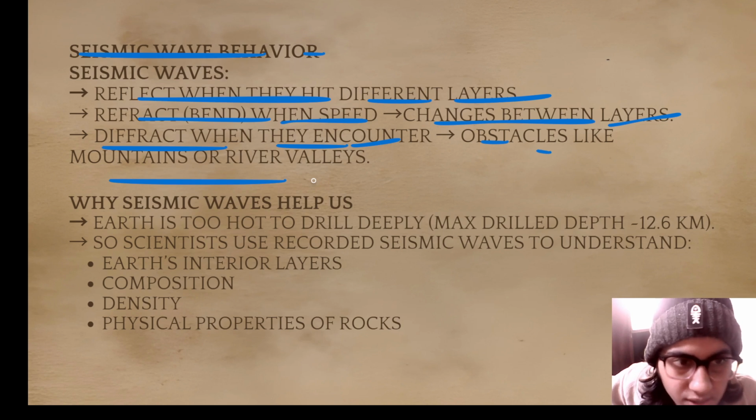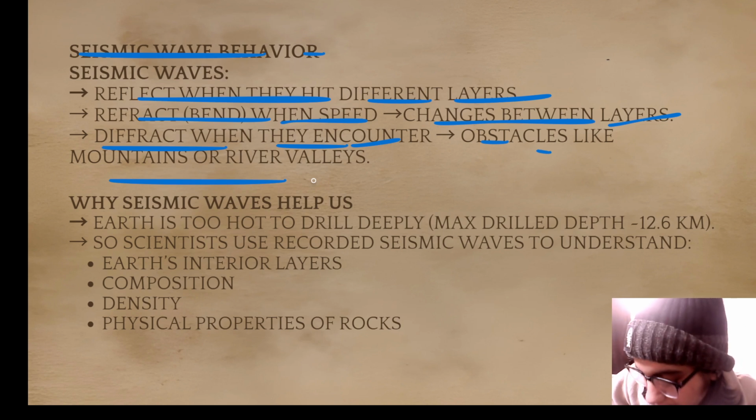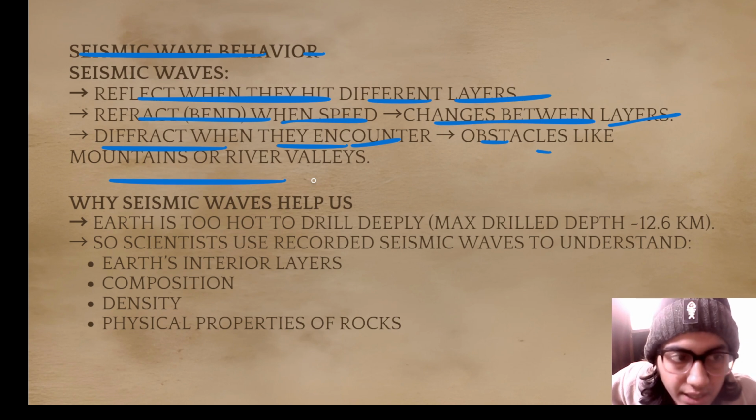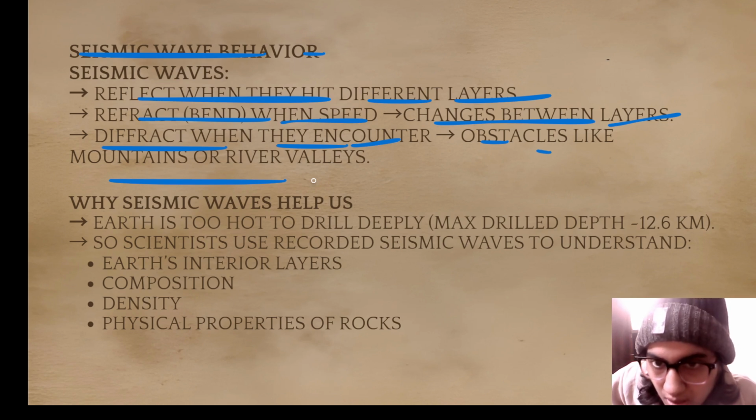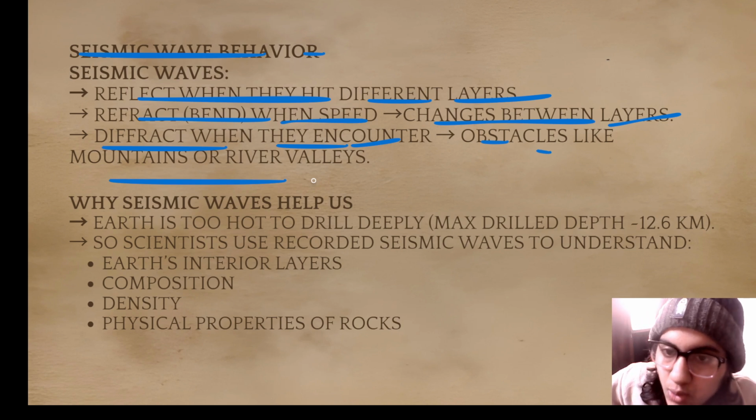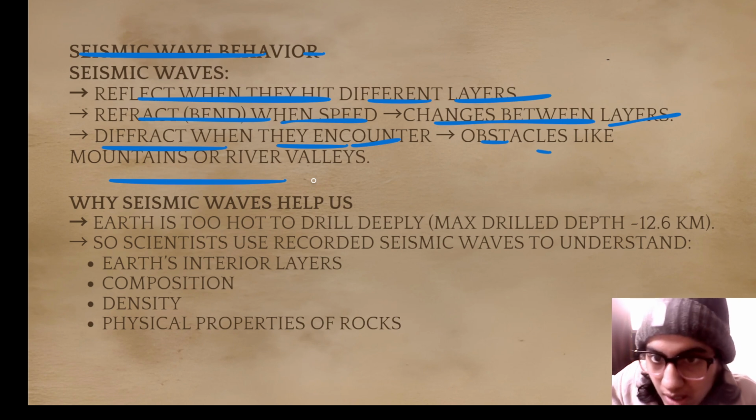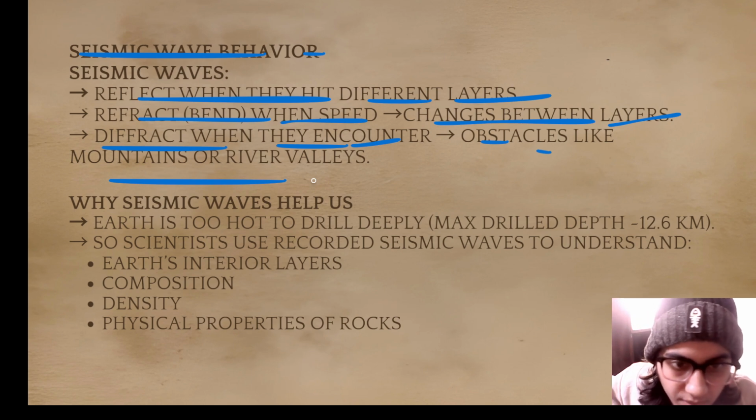If the seismic waves are traveling inside the Earth and hit another layer, they will reflect, so the scientists know that here the layer changes. That's how scientists study these seismic waves. These waves show three behaviors, and because of that the scientists are able to comprehend whether the layers are changing, or whether the medium is changing, or whether it met any obstacle like river valleys.